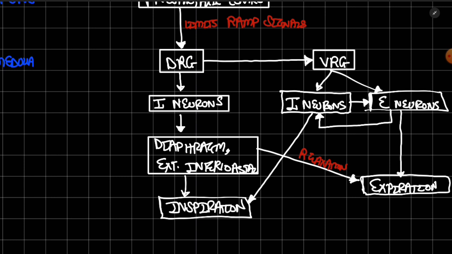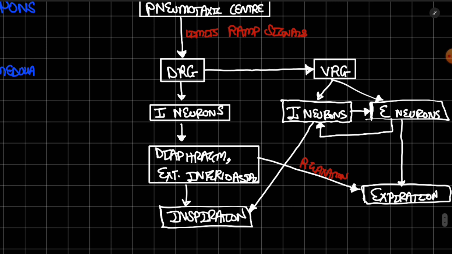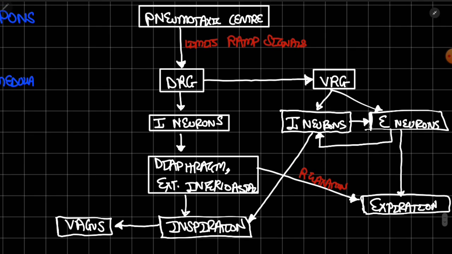Now there are some mechanoreceptors which control the rate of inspiration. So what are they? Basically it is the vagus. This vagus takes signals from the inspiratory muscle, and acts as the afferent as well as controlling respiration a bit.